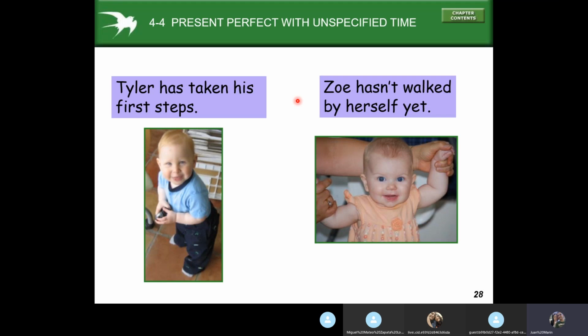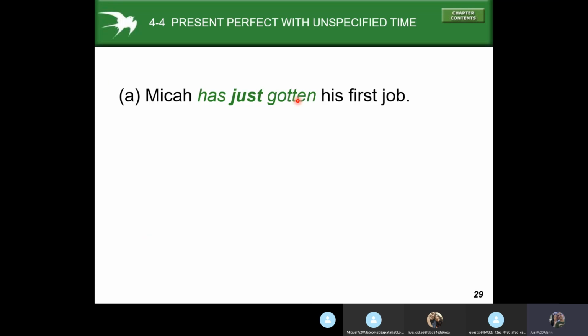Okay, here we have the present perfect with unspecified time. Cuando no especificamos el tiempo como tal. Ejemplo, Taylor has taken his first steps. Zoe hasn't walked by herself yet. Mika has just gotten his first job.